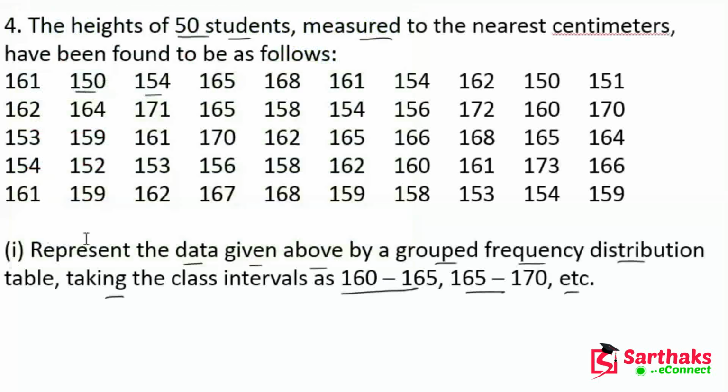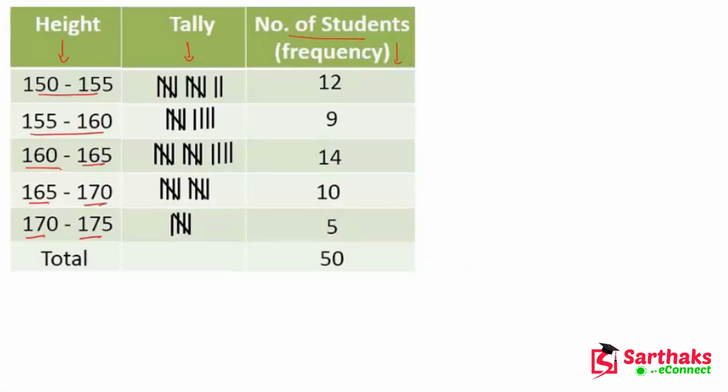Now how many students lie between 150 and 155? If you observe this data, there are a total of 12 students. So with tally marking, 1 2 3 4 5 6 7 8 9 10 11 12.